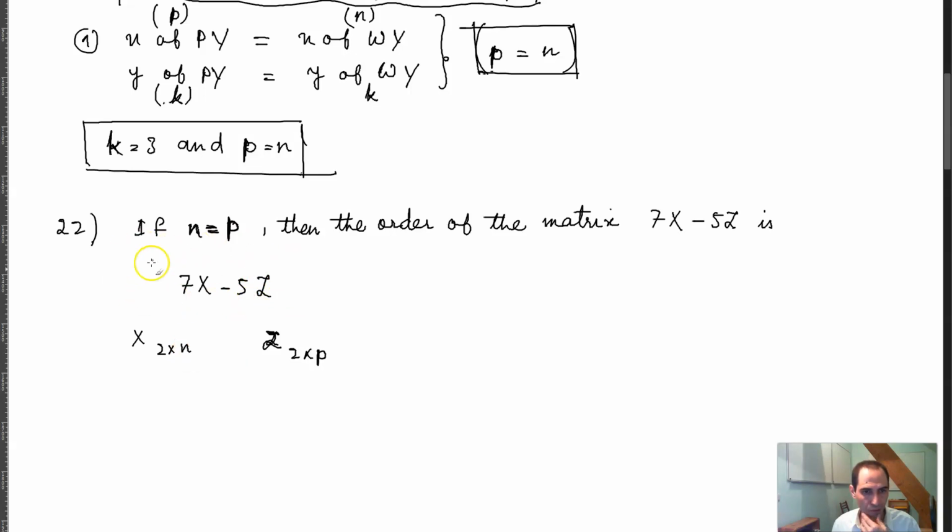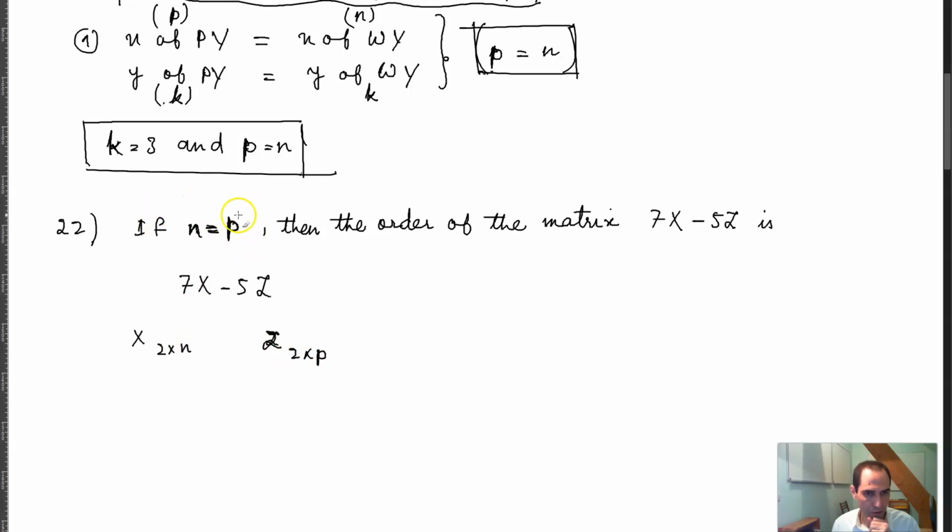If you're allowed to do that, then the order of this matrix must be equal to the order of the other, meaning that 2 must be equal to 2 and n must be equal to p.